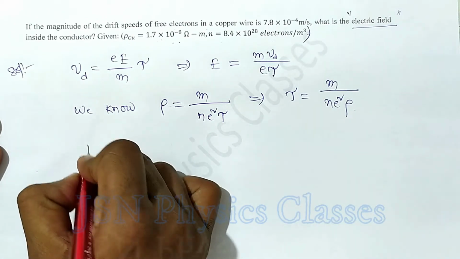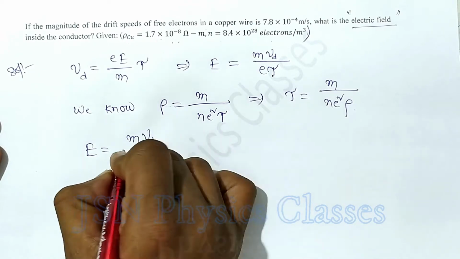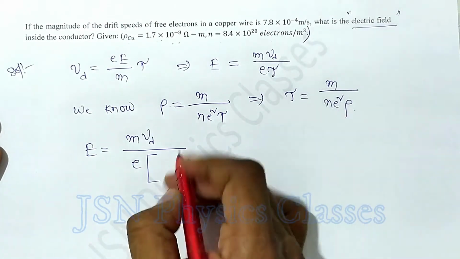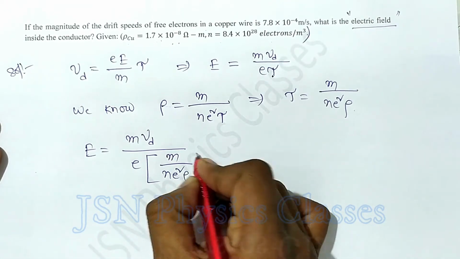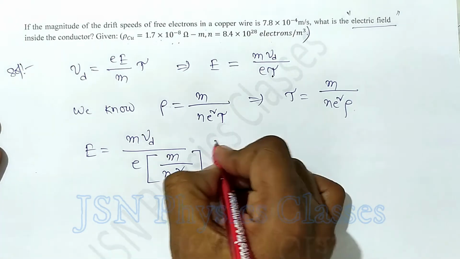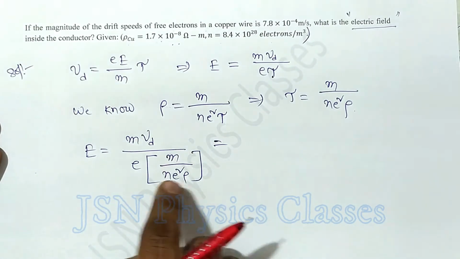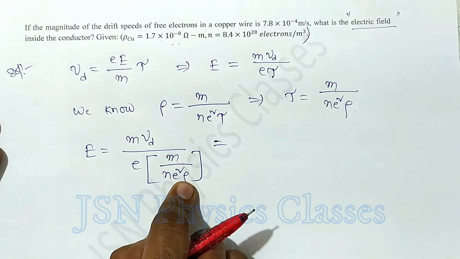So I am substituting here: E is equal to m Vd by e into tau, where tau is m divided by n e squared rho. If you rearrange the terms, m gets cancelled, and e squared with one e also cancel.